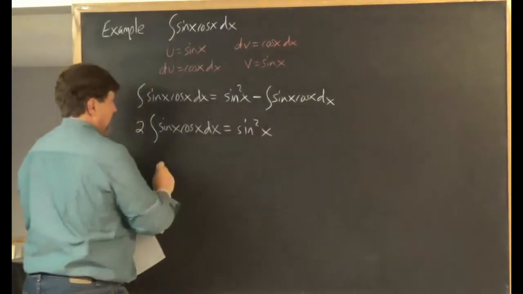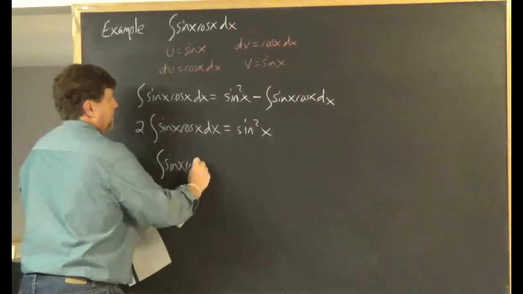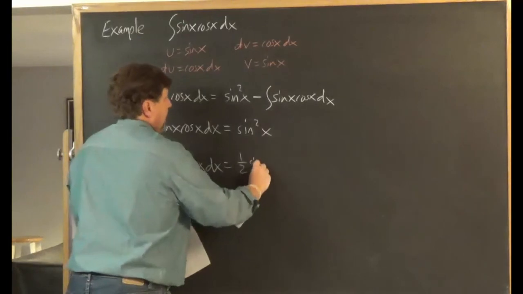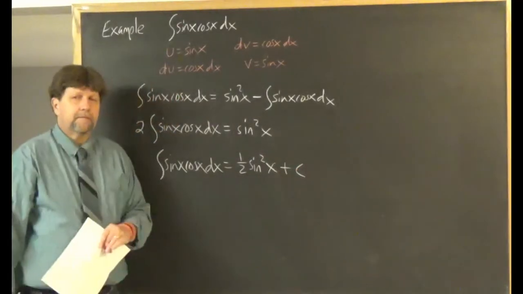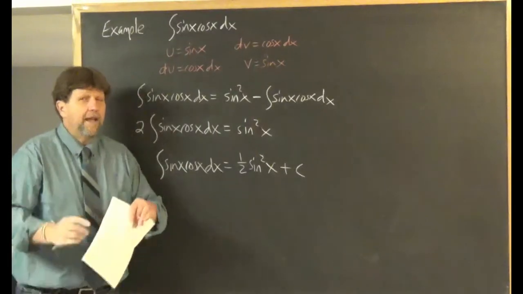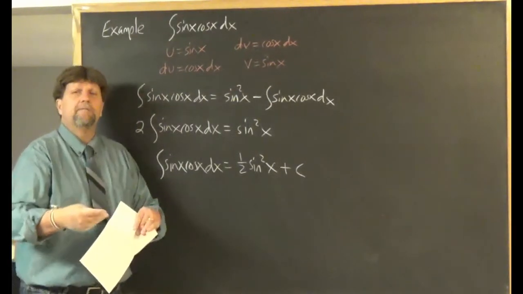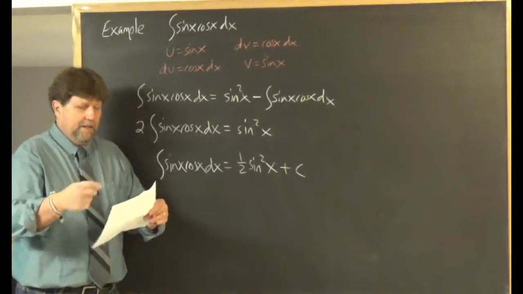Divide both sides by 2, and don't forget to tack on the plus c. Okay, I still think the most natural way to do this problem was what we did in part A, just a basic u sub. And I'm just showing you there are many ways to do this problem.